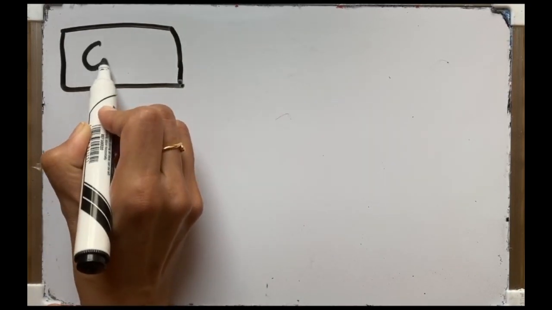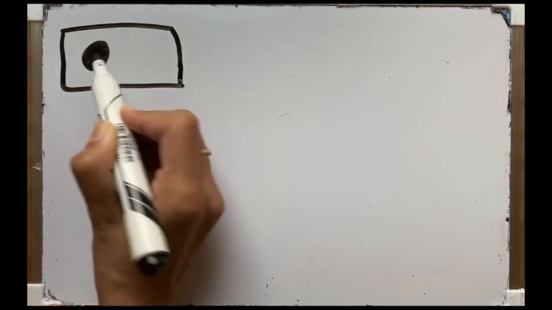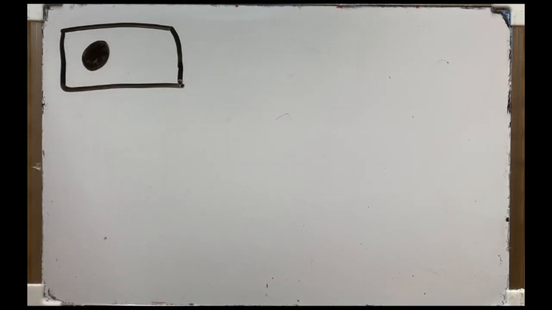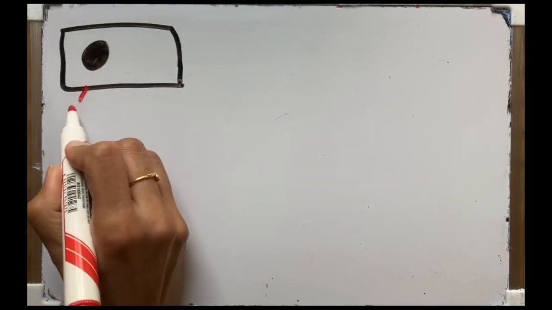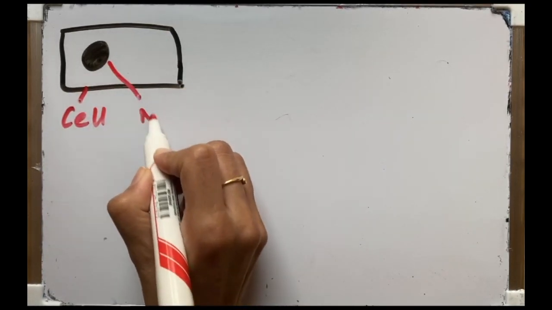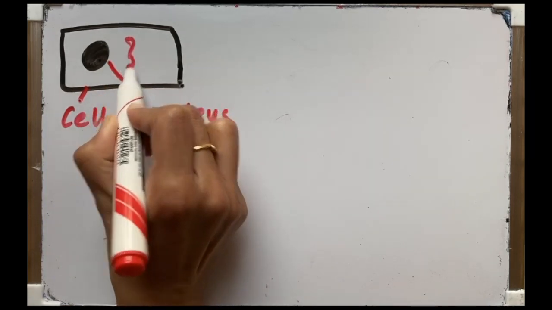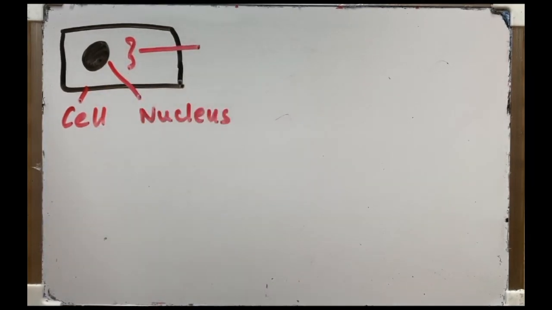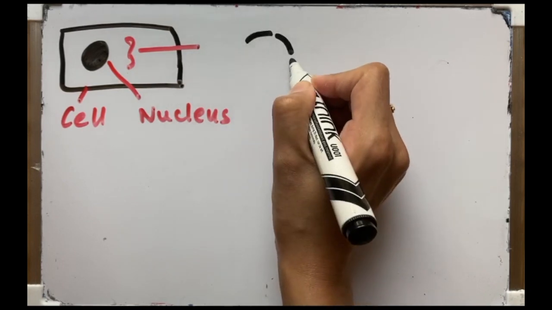Then near the center we have a darkly stained, dense spherical area which is nothing but the nucleus. That's the cell, that's the nucleus. Now if we just take the nucleus and magnify it even more, what we get to see is this.